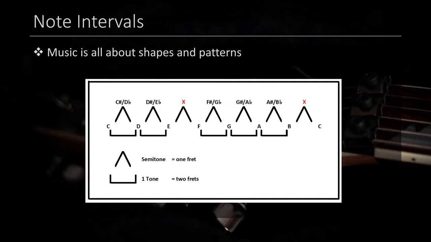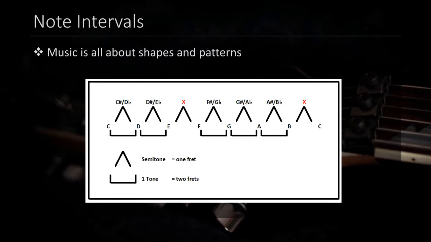And the other thing that I found interesting is between C and D, you've got a C sharp or a D flat, which is the same note. That's why you've got this little upside down V. So it's actually the same note that you play on the fretboard. And then between D and E, you've got a D sharp and an E flat. But between E and F, you don't have a flat or a sharp.